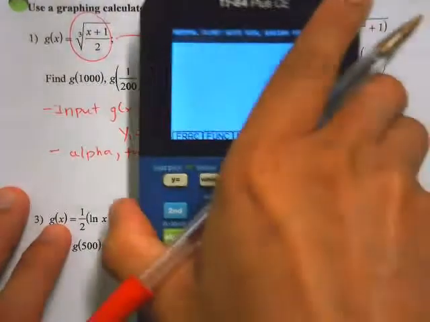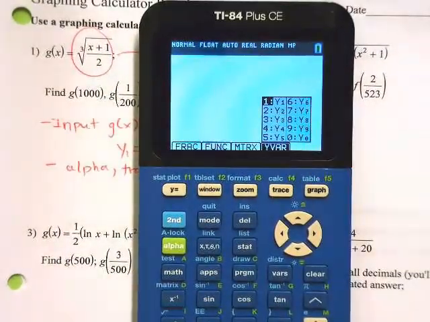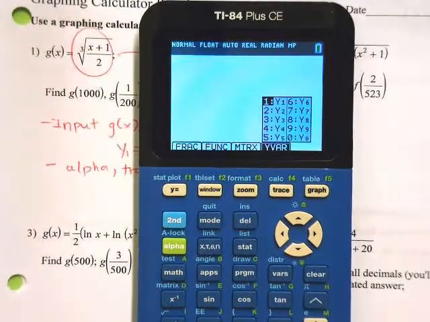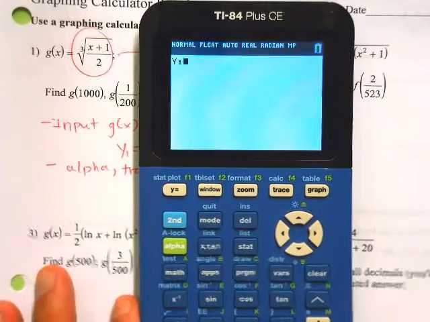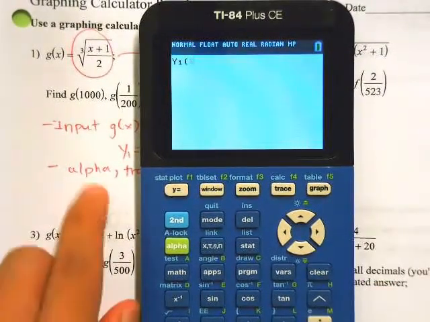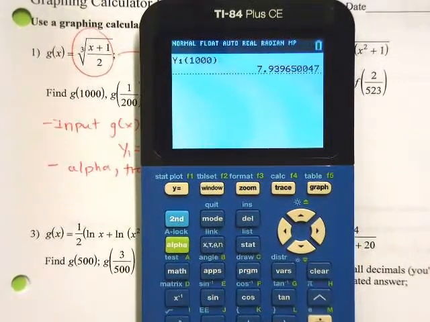That opens up the options y1, y2, y3, y4. Because we put it in y1, we hit enter, then put in a left parenthesis and 1,000, then close the parenthesis, and it'll give you the answer.